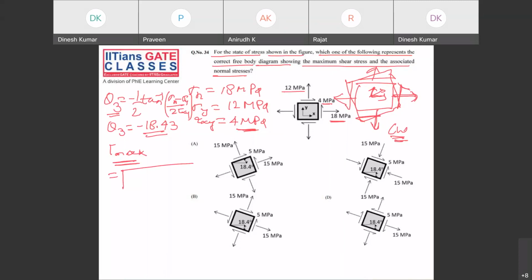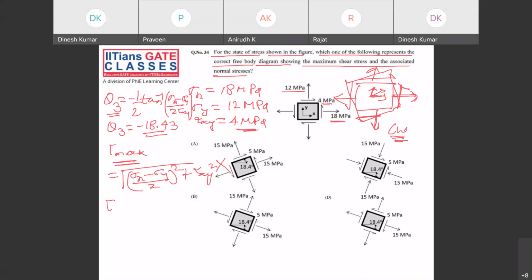It is the Mohr circle radius, right? So it is the square root of (sigma x minus sigma y by 2) whole square plus tau xy square. Don't use this formula.